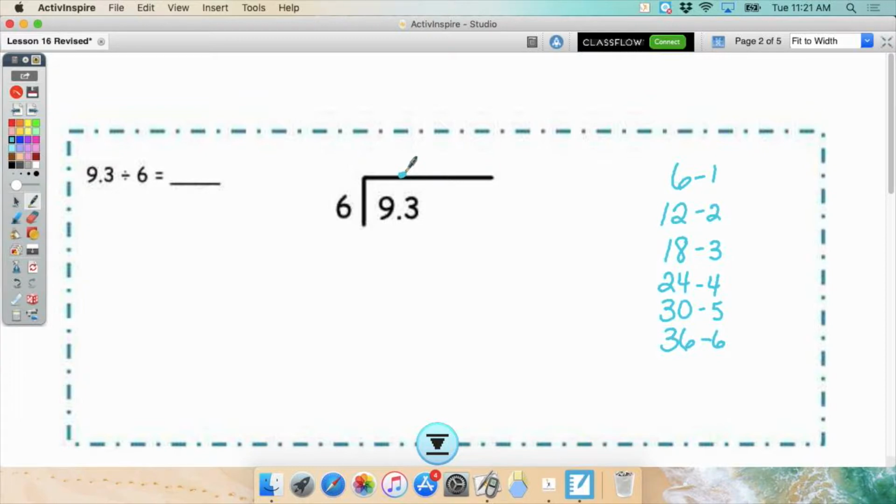Okay, so am I looking at the 93 or the 9? Just the 9. You don't have to put a box around it. I'm just giving you a visual. So the closest number to 9 is 6.